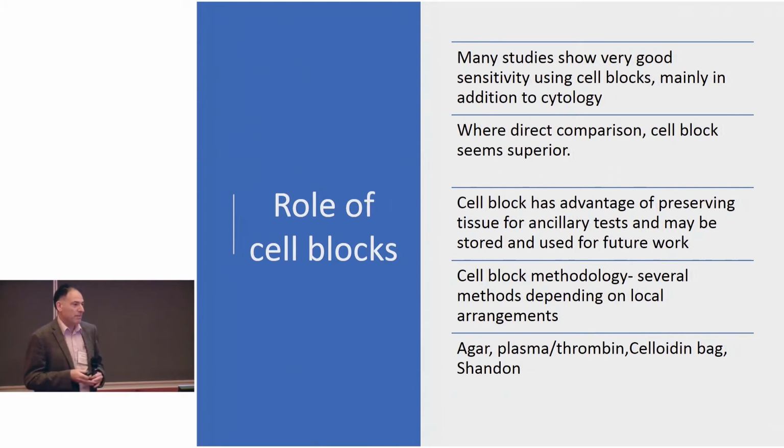Peter already mentioned the importance nowadays of immunohistochemistry and various other tests, which may become very important. There are a lot of different cell block methodologies. You can use agar, plasma thrombin, Cellient, Shandon, but essentially, in your own laboratory, it doesn't really matter as long as you use a technique which actually does work.